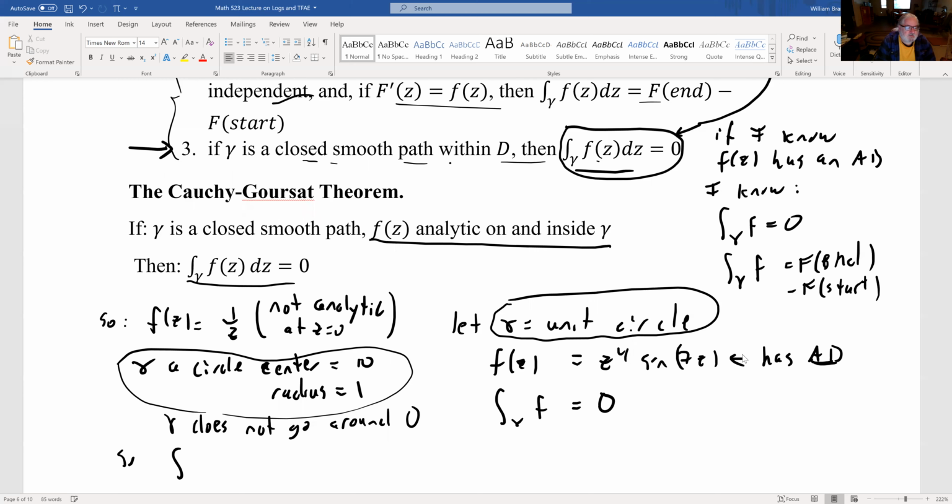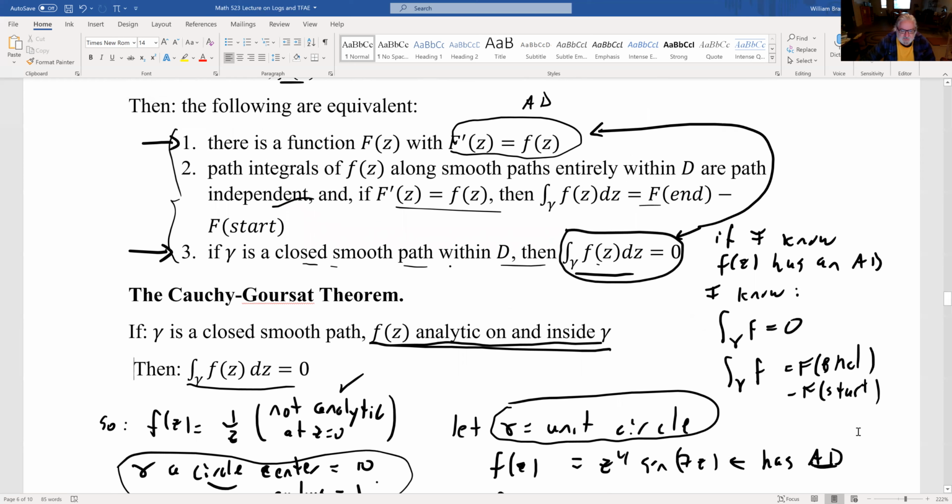So what's the integral around this circle of 1 over z dz? That equals 0, because the place where we're not analytic is not inside the circle, and so 1 over z is analytic on and inside that, and so the integral is 0.